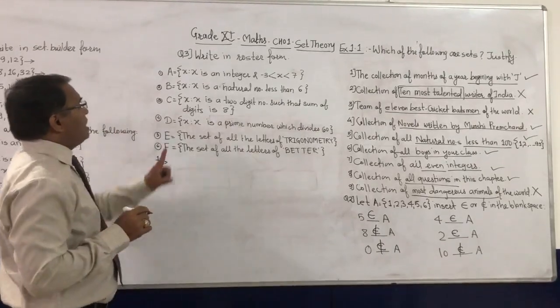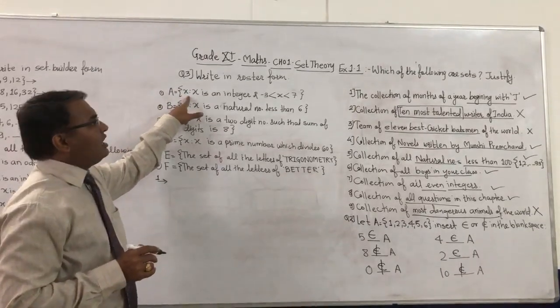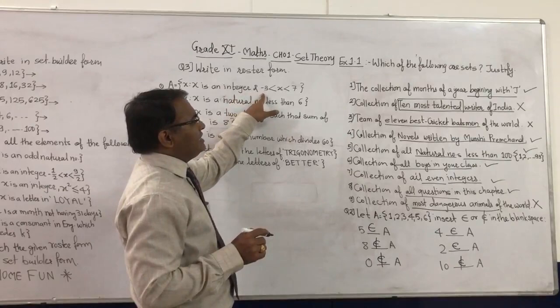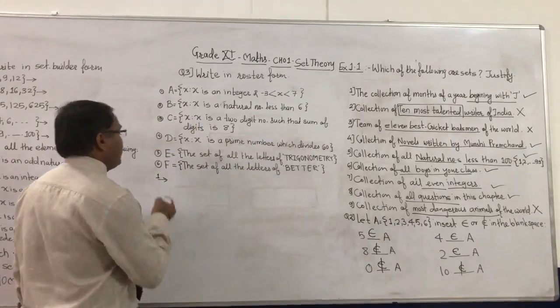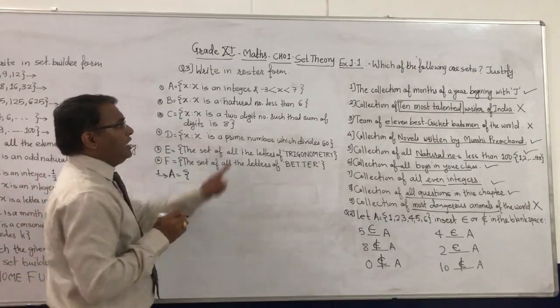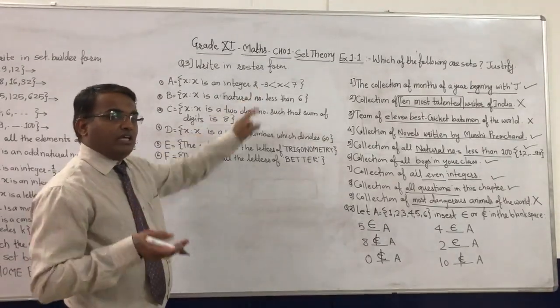Now, answer number 1. The first one is set A equals x such that x is an integer and -3 is less than x, x is less than 7. So in roster form, -3 is less than x, which means x is more than -3.